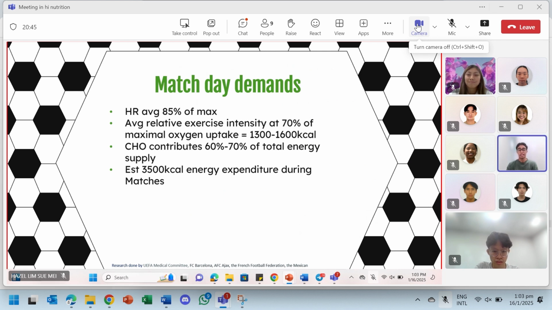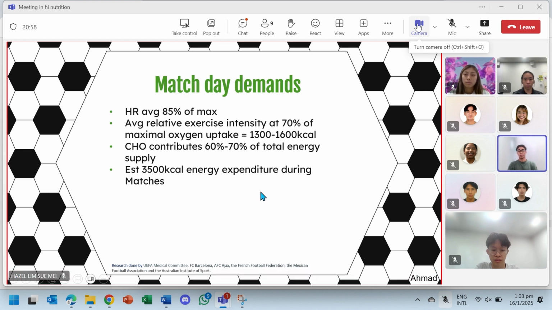Before we get into the strategies for how we could eat before, during, and after your training, these are some facts of football, what the body demands. In a football match, your heart rate averages around 85% of the maximal heart rate.